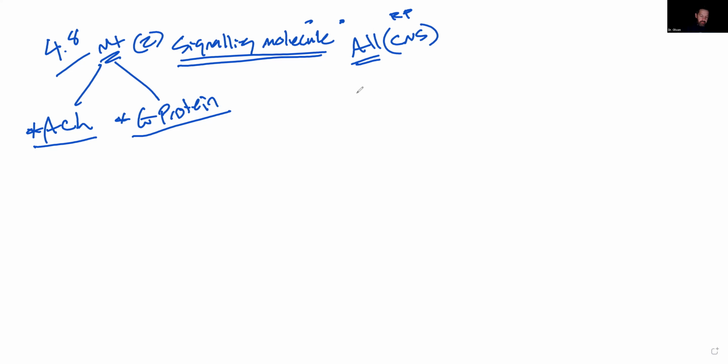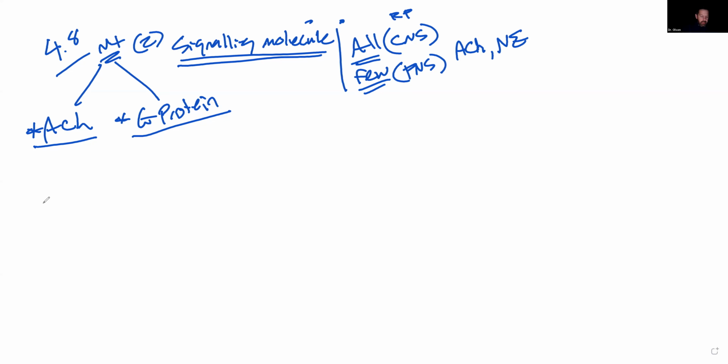And I would also say that few of them have actions in the peripheral nervous system. We'll look at some examples, acetylcholine and norepinephrine. So that's a general rule.